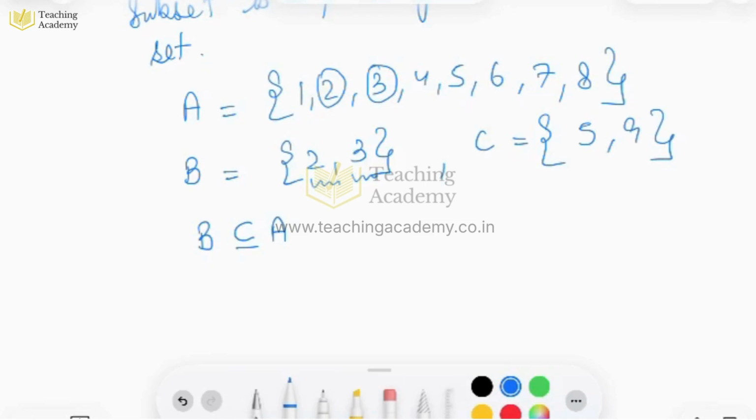And further, if we want to understand more, if I say 9 is a subset of A, is that a correct statement? No, because 9 is a part of C, but 9 is not a part of this A. A set belongs to only 1 to 8 numbers, right? So that's not possible.